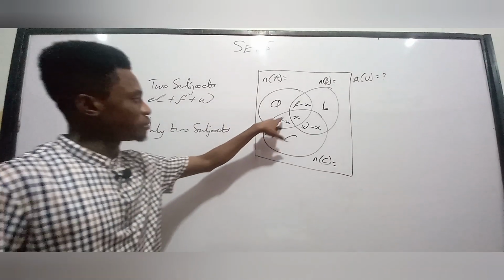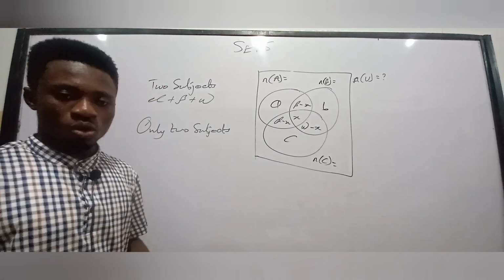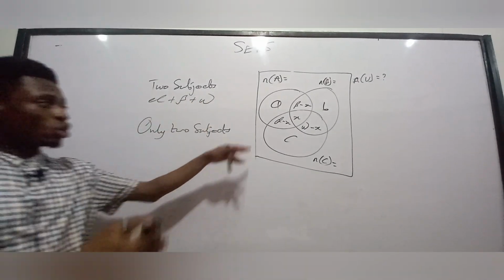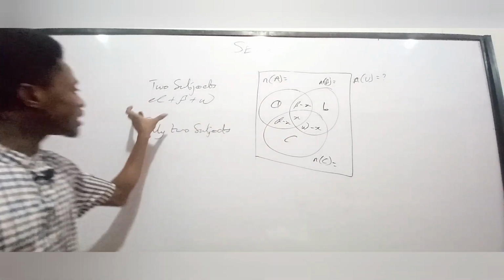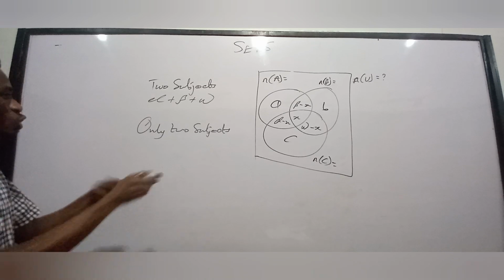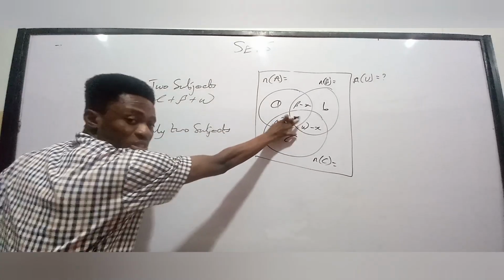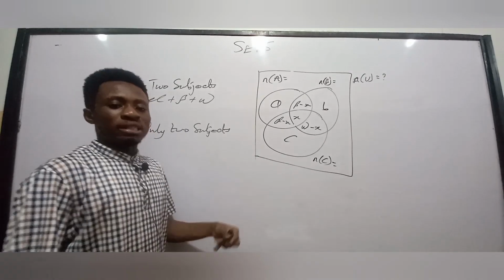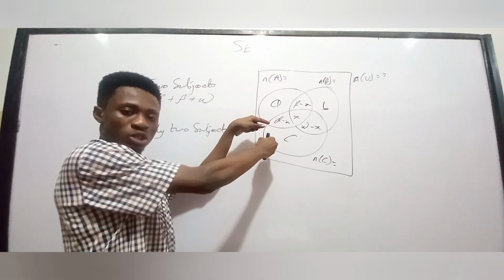These are the 2 subjects. I'm just denoting it by this, but in a typical question you understand. So these are 2 subjects, but if you want only 2 subjects, you should subtract the x, which is the 3 subjects.